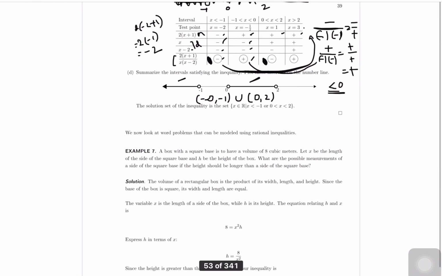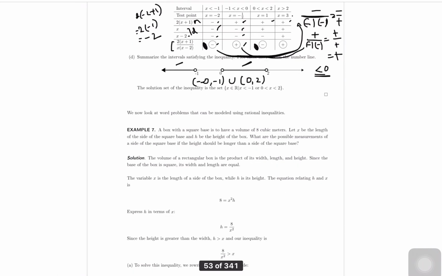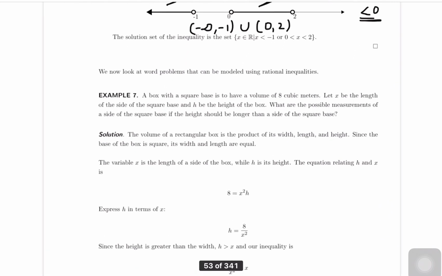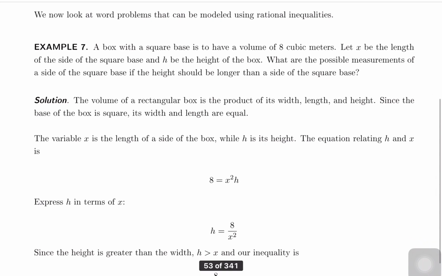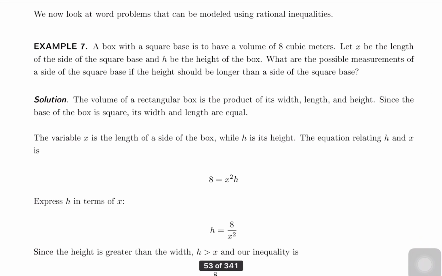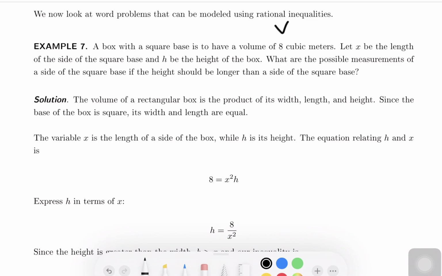Okay. So now let's go to an application word problem. A box with a square base is to have a volume of 8 cubic meters. So we have a box. Take note, this is the volume.